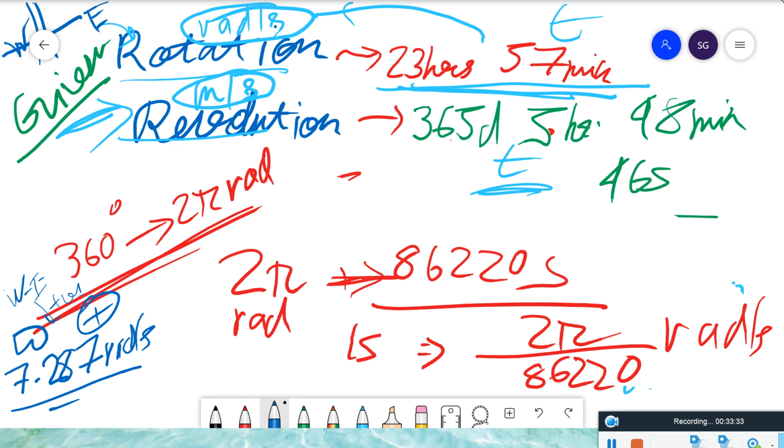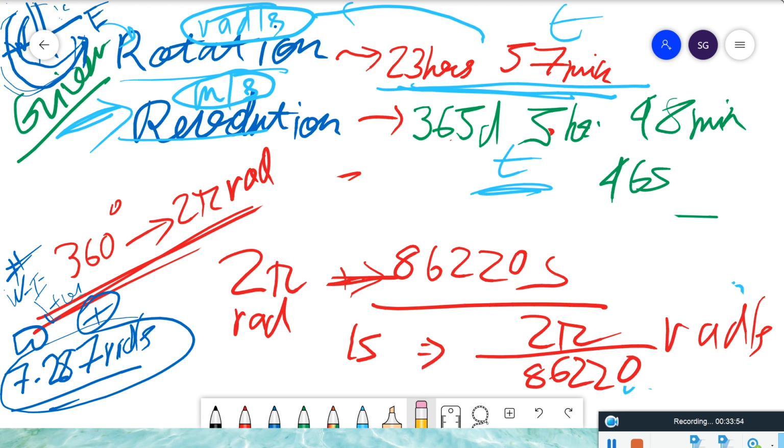It's as simple as that. West to east, we always rotate this way, like 60 degree, 90 degree, 120 degree, so it means positive. And many other planets like Venus rotate east to west, so this is negative because it's anti-clockwise. So positive means clockwise, so it is 7.287 positive.